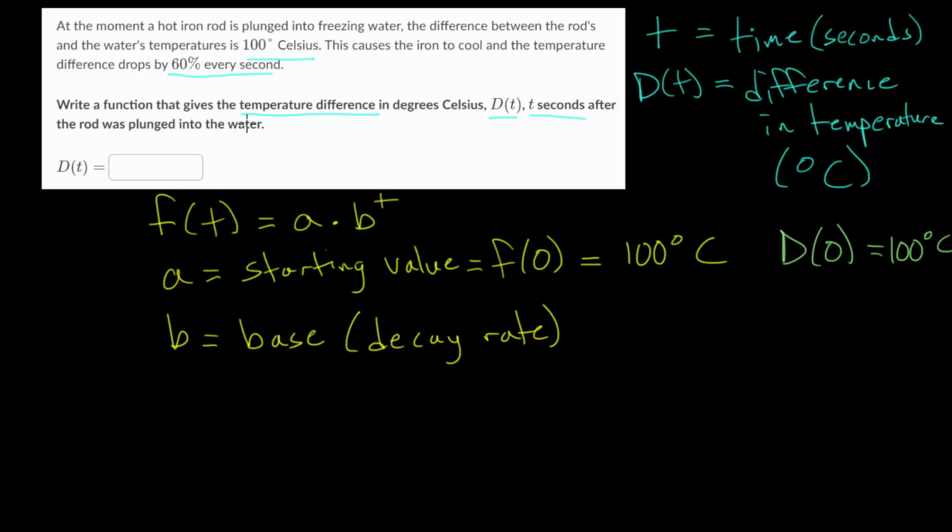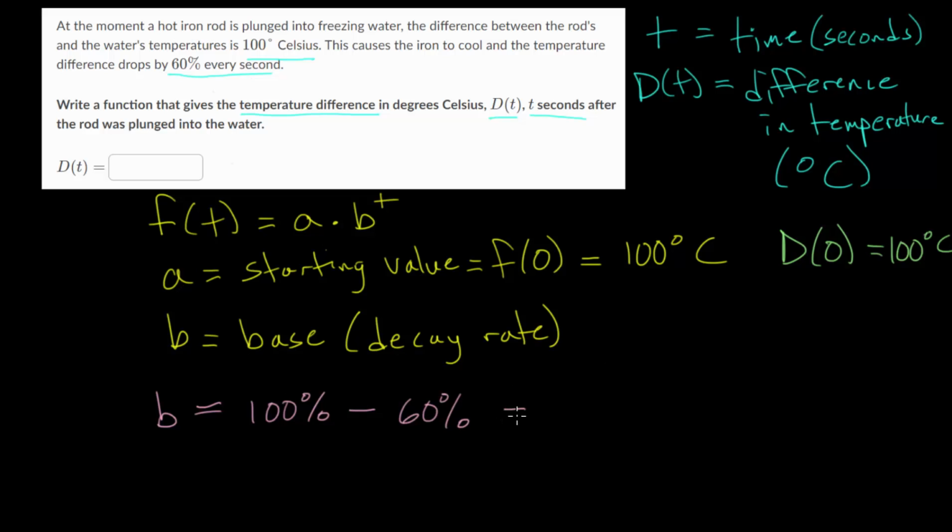Now, with decay rates, we have to be a little bit careful, since we're taking the original amount, or the amount that you currently have, and then subtracting 60% from that. So our base, this decay rate, which we call b, we take our original amount, or the amount that is currently present, and then we subtract 60% from that.